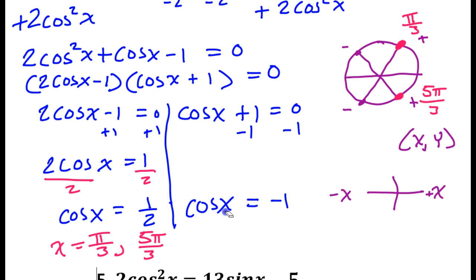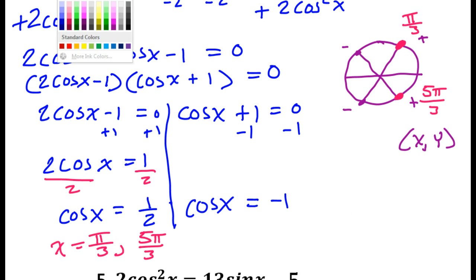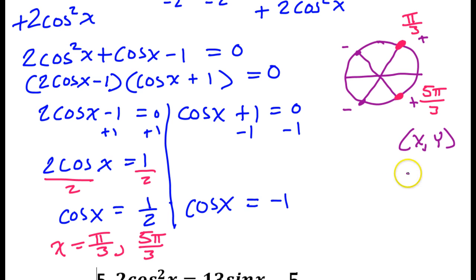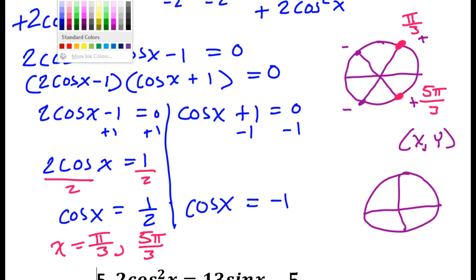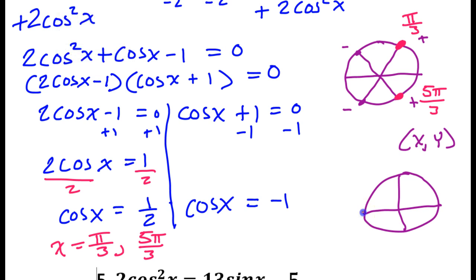Now, what angle has a cosine equal to negative 1? I feel like we've done this many times. But again, since cosine is the x coordinate on the unit circle, this is the spot that has an x value of -1, because it's -1 to the left.